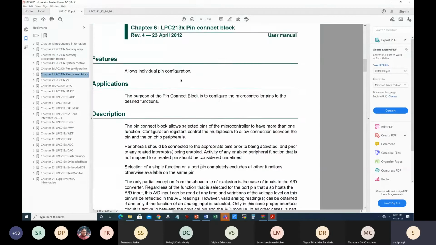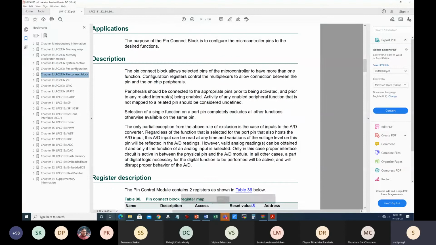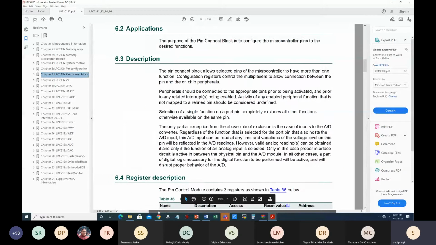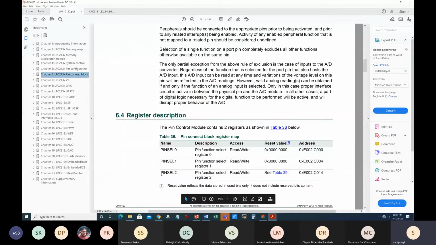Just one thing I skipped over here: pin cell 0 and 1 we have covered, but pin cell 2 is a 32-bit register particularly used for port 1 signals. Port 1 has pins 15 to 31.